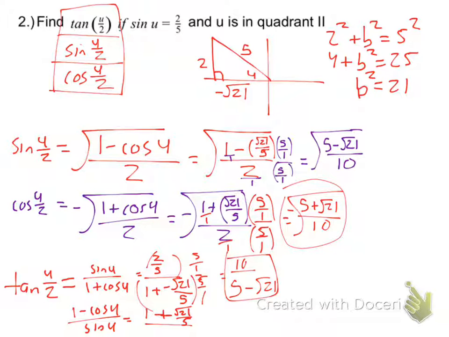All over sine, which would be 2 over 5. Again, multiplying by 5 over 5, you get 5 plus the square root of 21 all over 10.